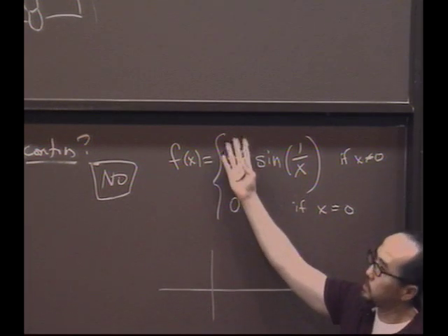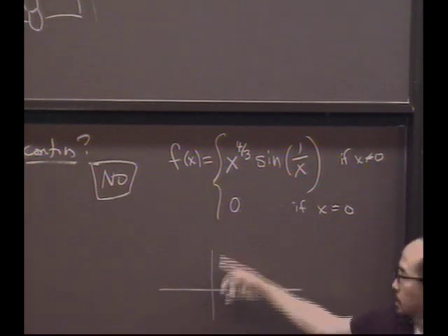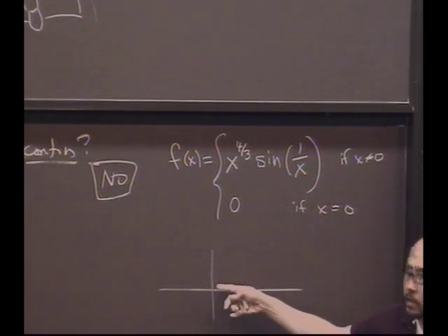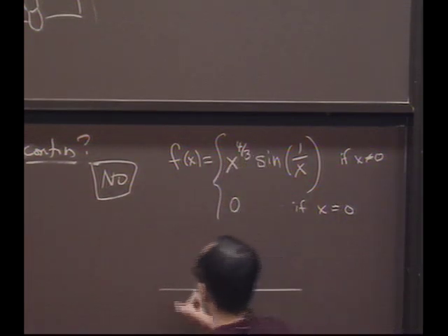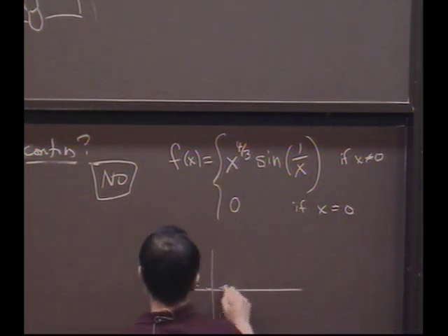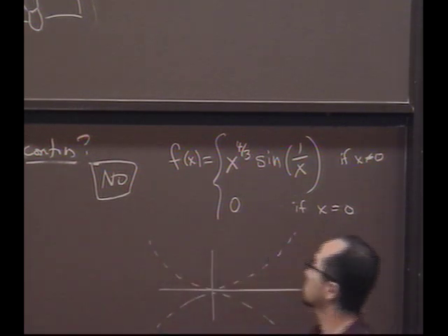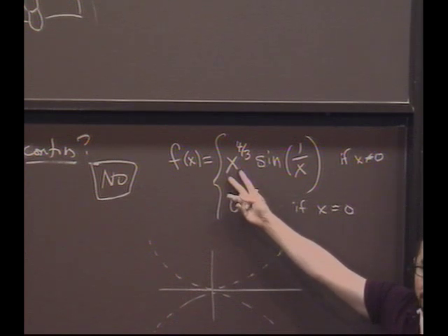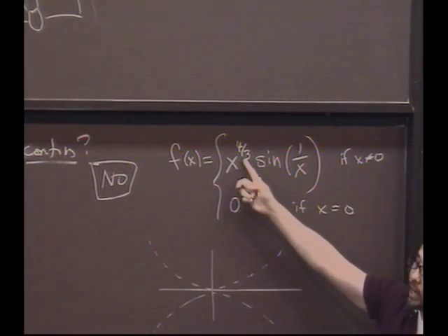If you remember, the topologist sine curve oscillates more and more as you get closer to x equals 0, yes? But now I'm multiplying it by x to the 4/3, so this thing's going to have an amplitude which is governed by the curve y equals x to the 4/3, okay? Which you can verify, these are exponents between 1 and 2, right?